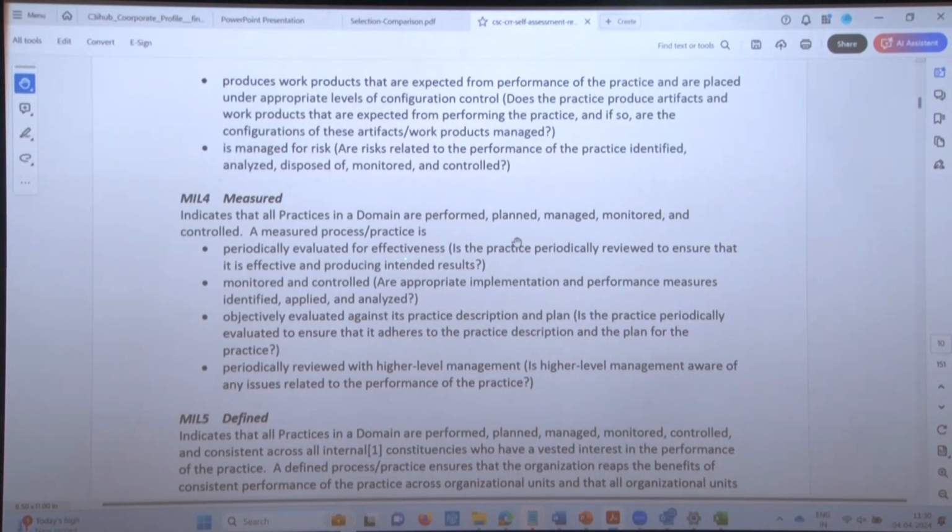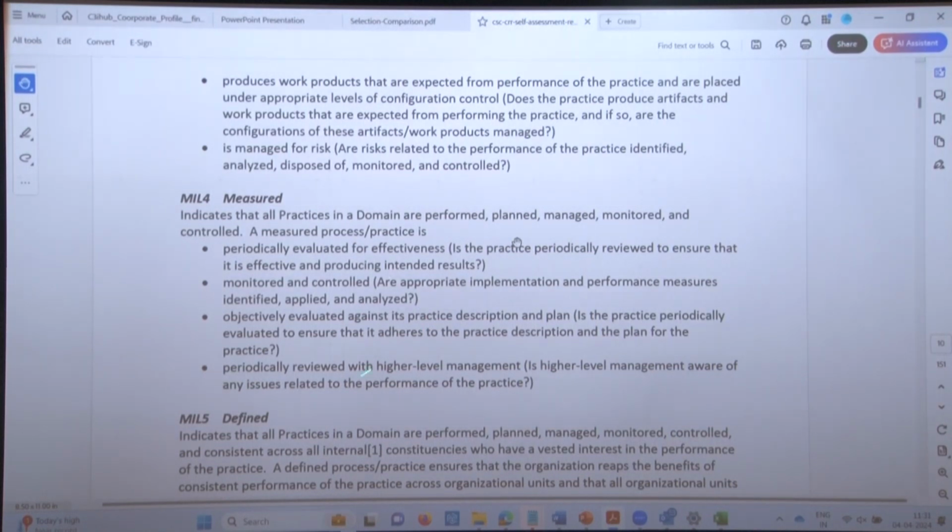So periodically evaluated for effectiveness, monitored and controlled, objectively evaluated against its practice description and plan, and periodically reviewed with a higher level of management. So the CISO goes to the board and says, okay, here are the goals in this domain for this critical service, and here is where we are, and we may need to change something in our policy or our plans, or I may need more funding for more staff, whatever.